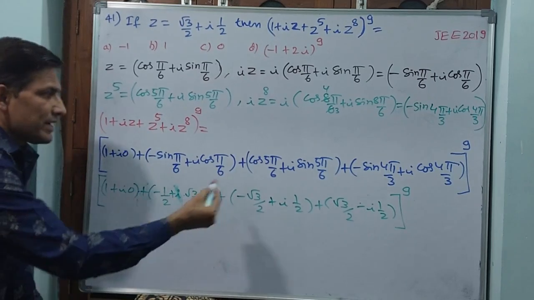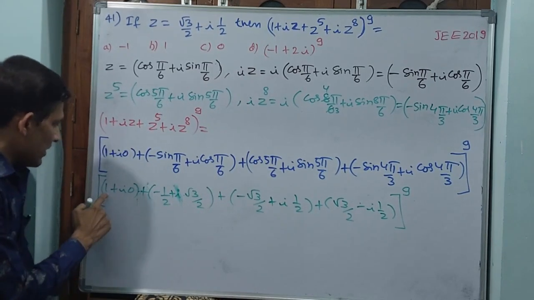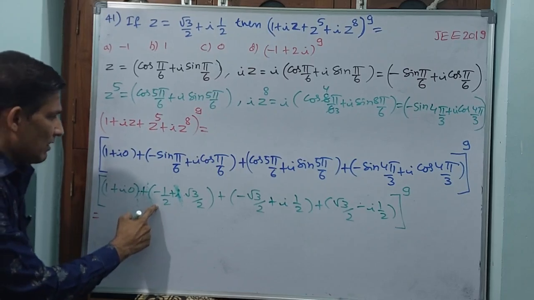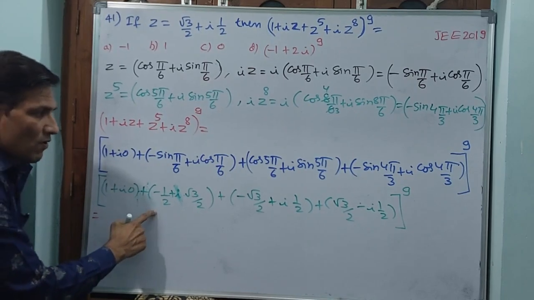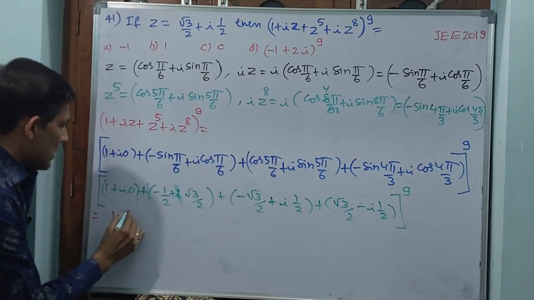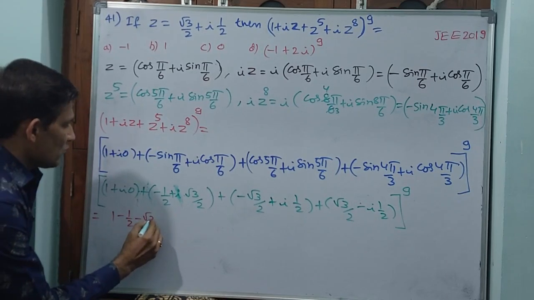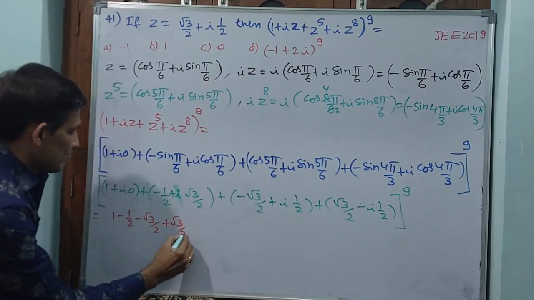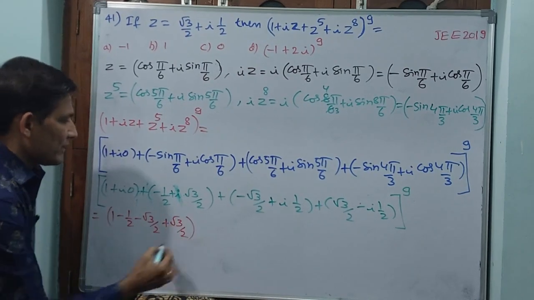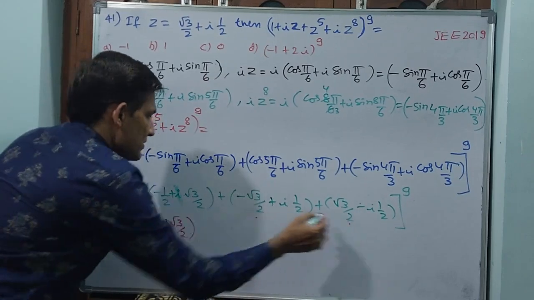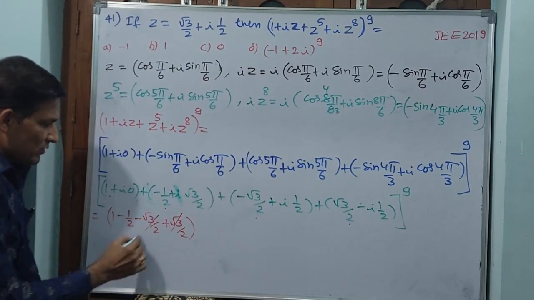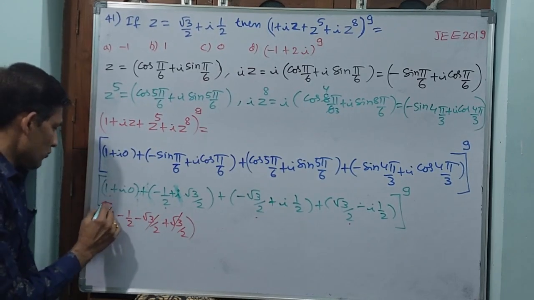Now you add only the real parts and the imaginary parts. Real part: 1 minus 1 by 2 minus root 3 by 2 plus root 3 by 2. Only 1 minus 1 by 2 will be there, because plus root 3 by 2 and minus root 3 by 2 get cancelled. We put one big bracket.